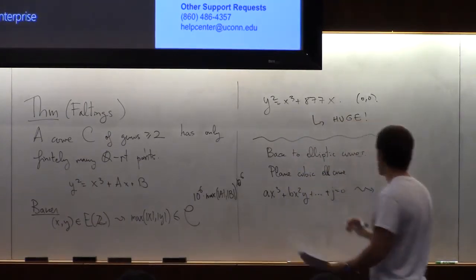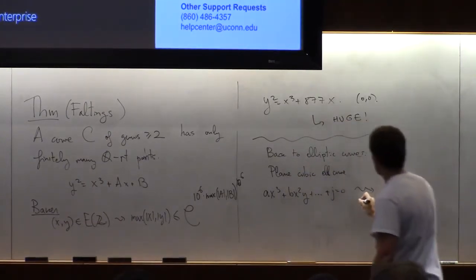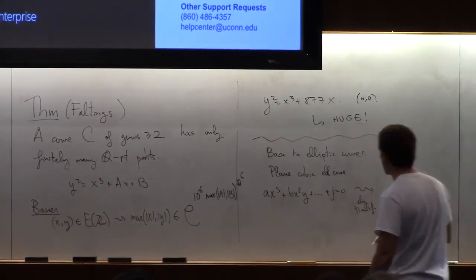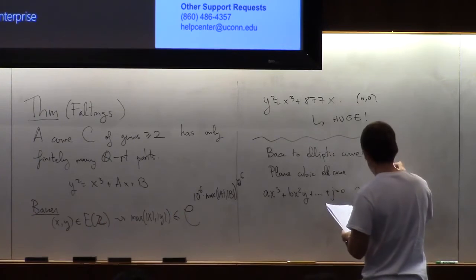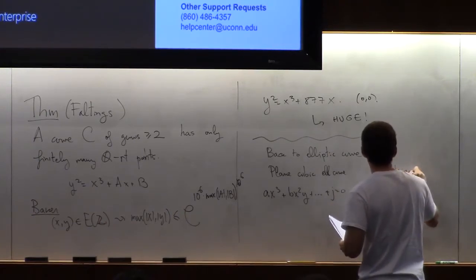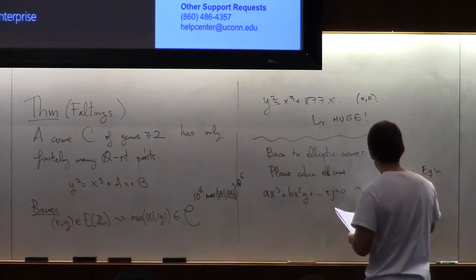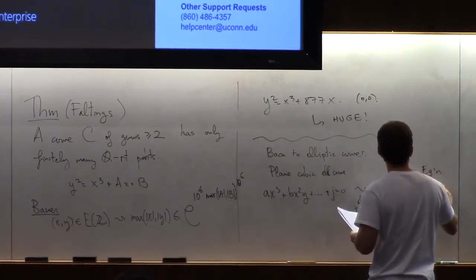So you can always find an algebraic transformation, some map that brings it to what's called a Weierstrass equation.